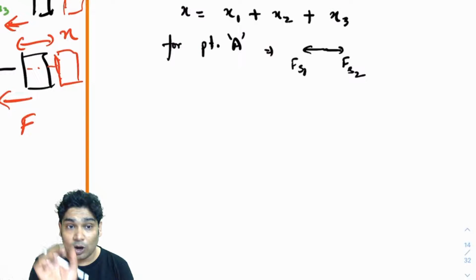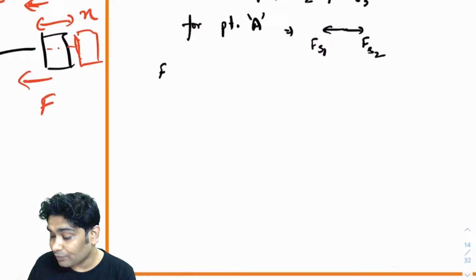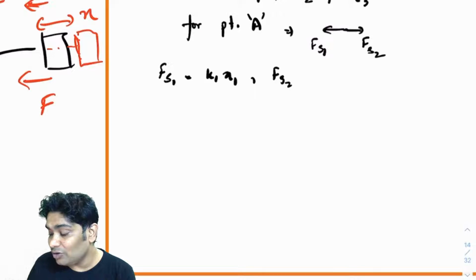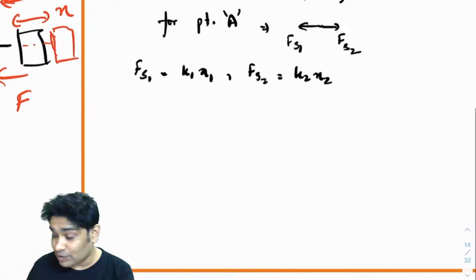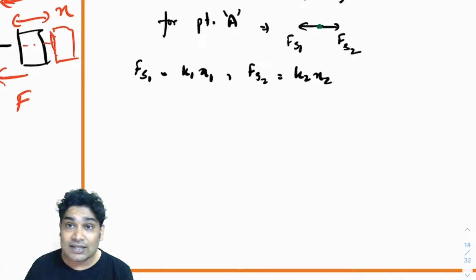Spring 1 got elongated by x1, so Fs1 would be K1 x1. Similarly, Fs2 would be K2 x2. And since this is a massless point, the net force can only be zero.